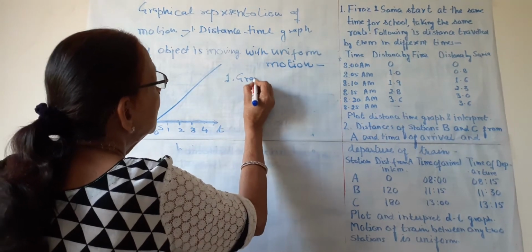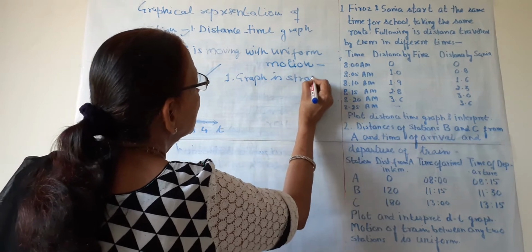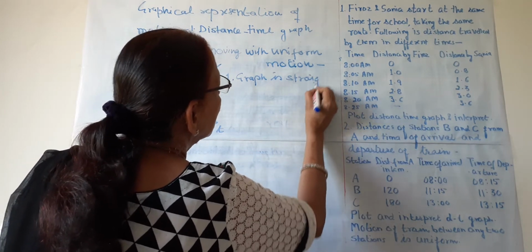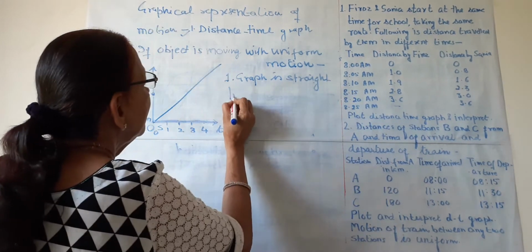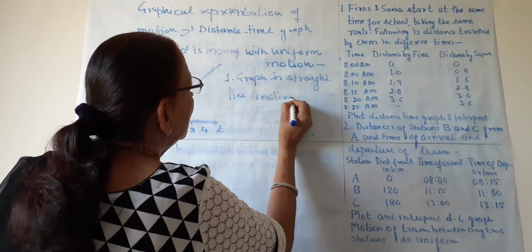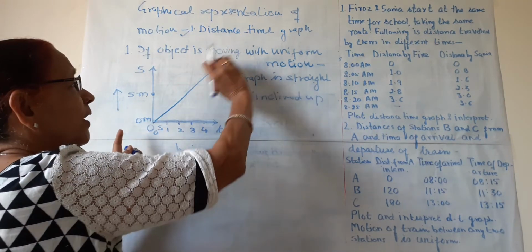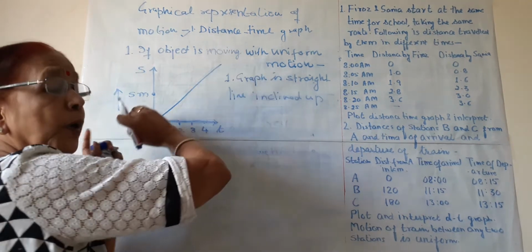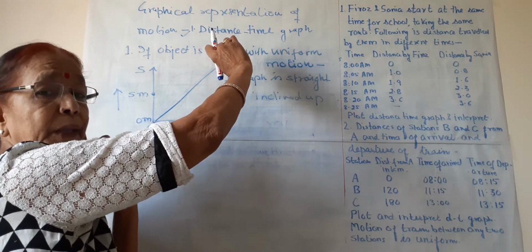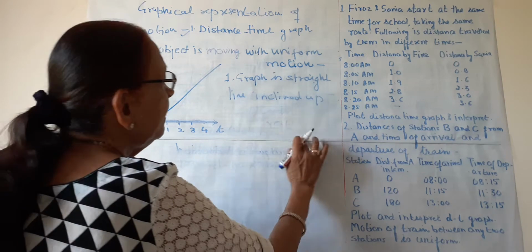Graph is straight line inclined up. It means it is a straight line and it is going towards the upper side.